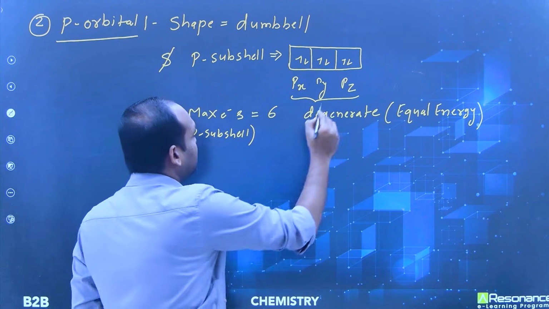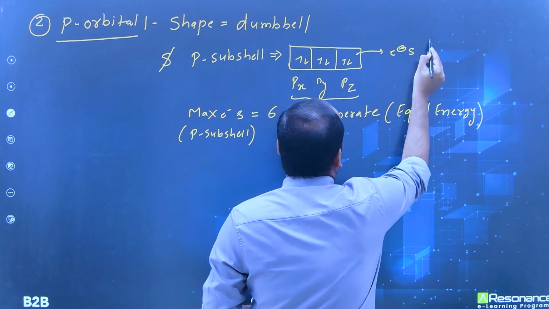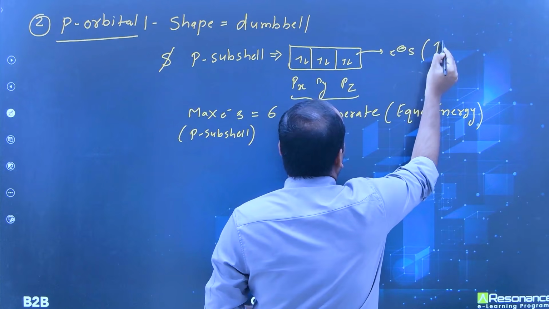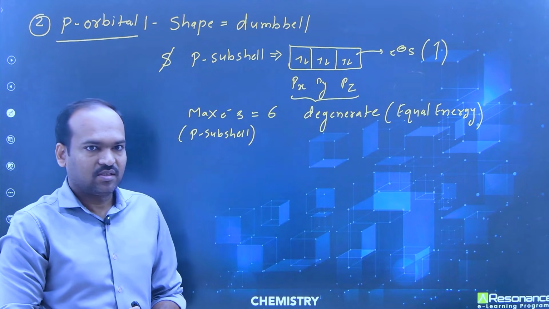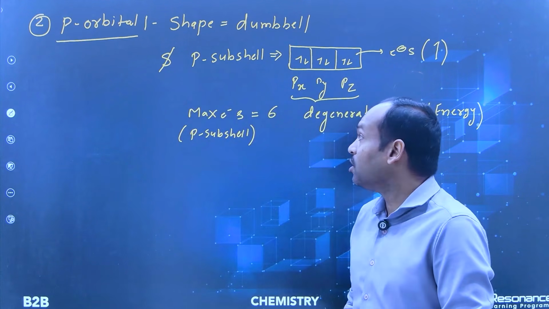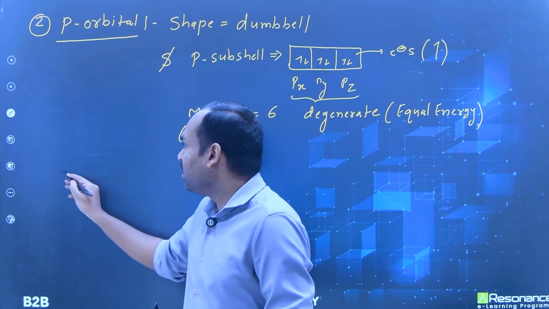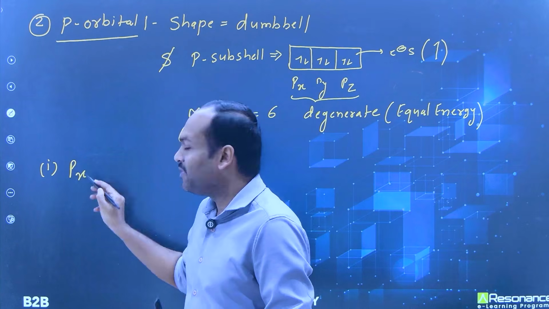In the boxes, these are electrons. One electron is shown by a half arrow. Yes, I'll draw the shape. First, the px orbital.